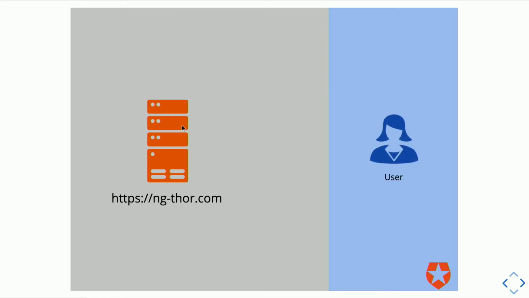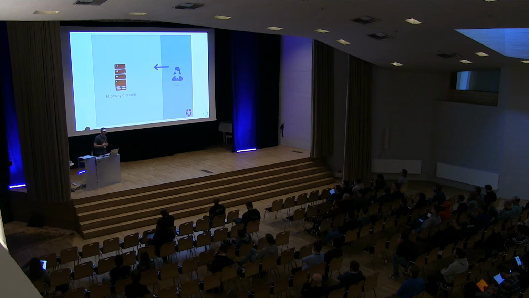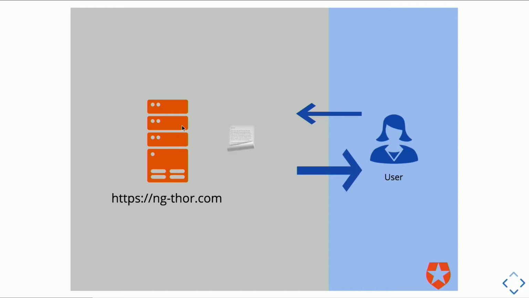When a user comes into the application, they make a request, and our application is going to validate their request. It's going to say, hey, can this user access this page? And if so, what data should we render for them? Then our application server is going to take care of rendering that HTML page and send it to the user.